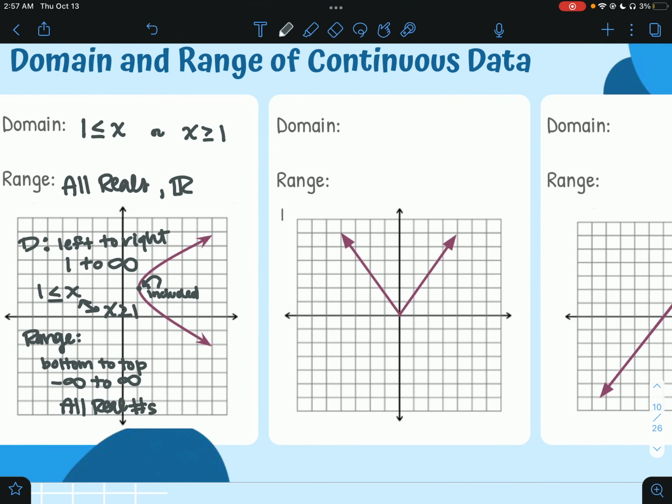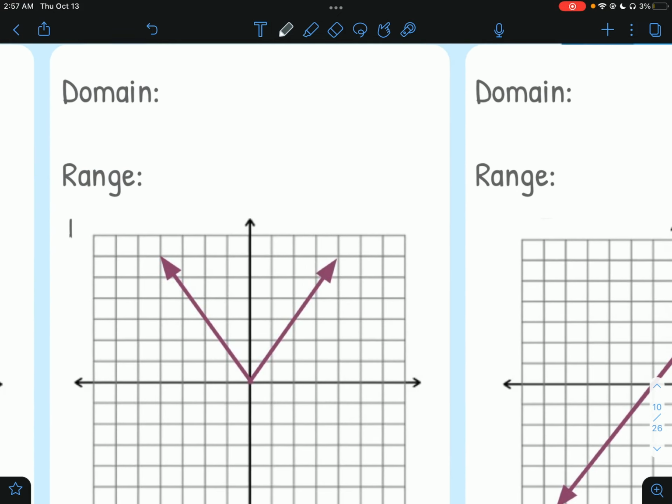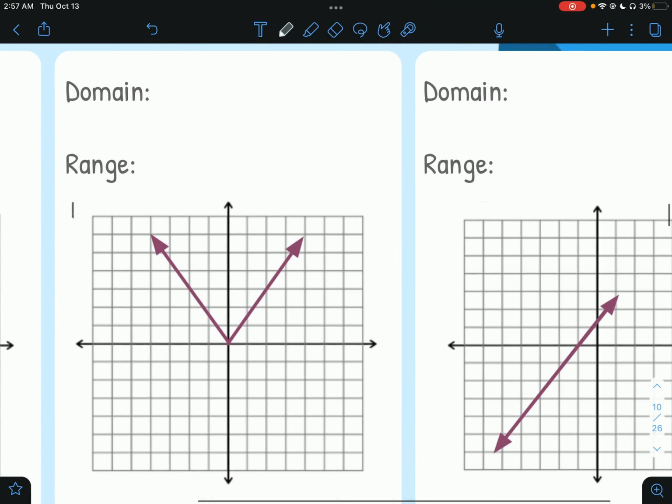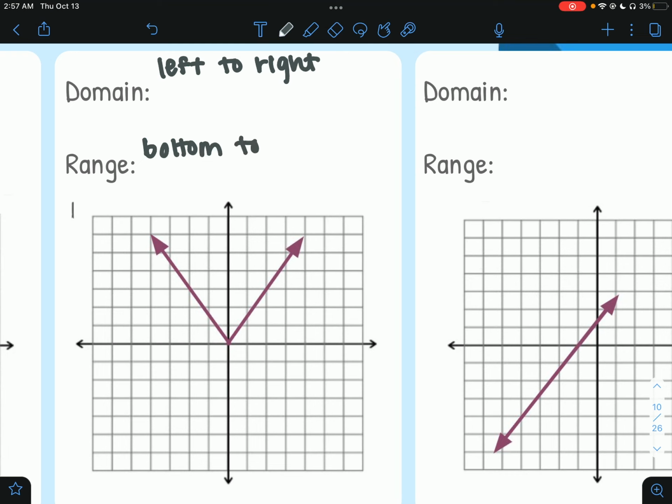Now that we've looked at this first one, let's go ahead and you try the second one. Think about, for domain, left to right, and for range, bottom to top. If it helps, practice doing that each time. Write that number phrase. So domain, we would look at it. We're going furthest to the left, which would be right here.